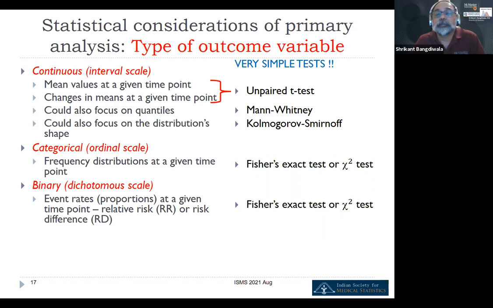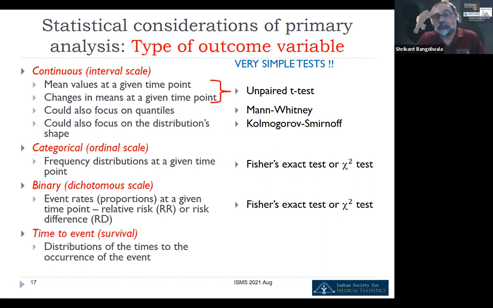And many times people like to do time to event or survival outcomes. This is very common in chronic diseases, for two reasons. Because you're going to have censored observations, is one, but also if you're looking at the occurrence of an event, which is a binary outcome, if you miss people because people drop out of the study, then you have a missing outcome.